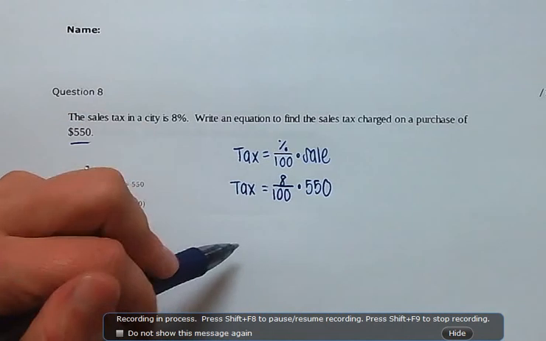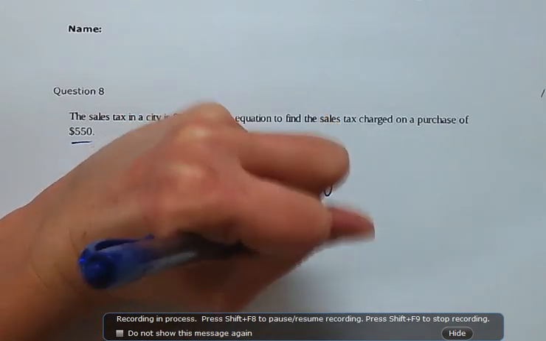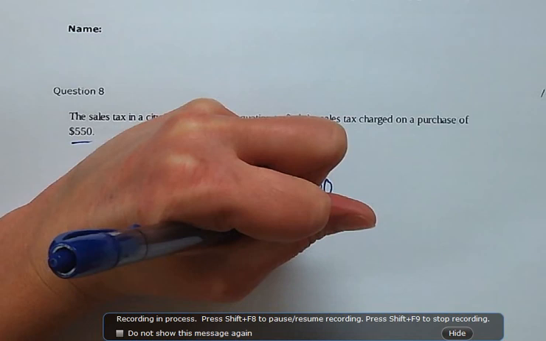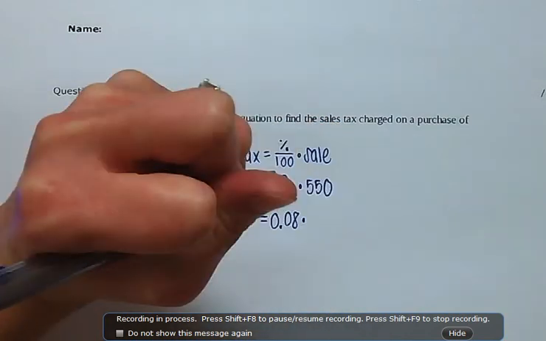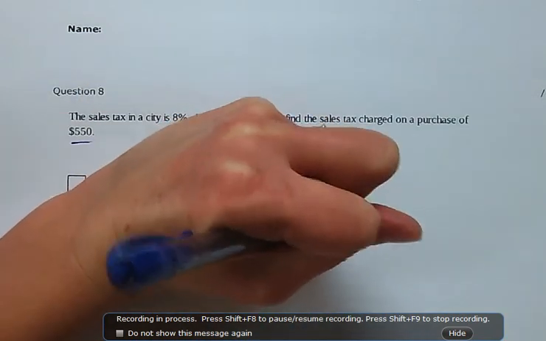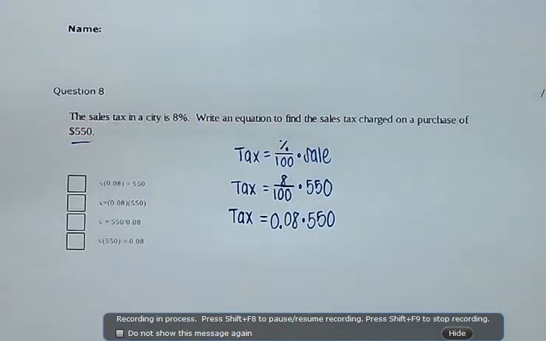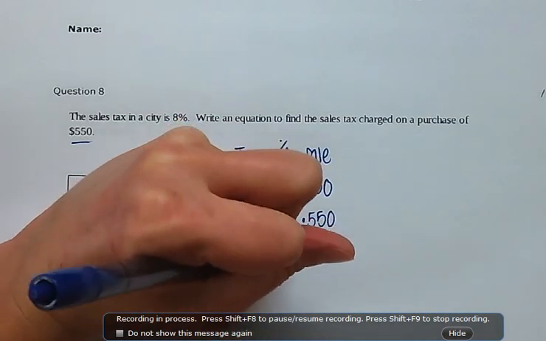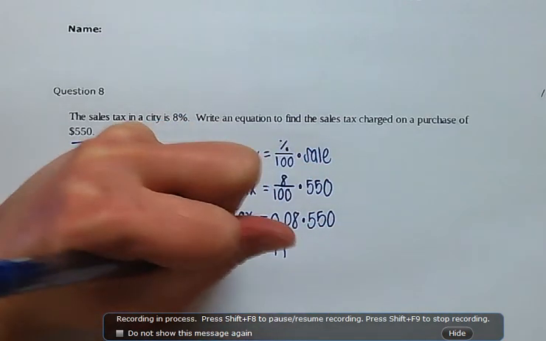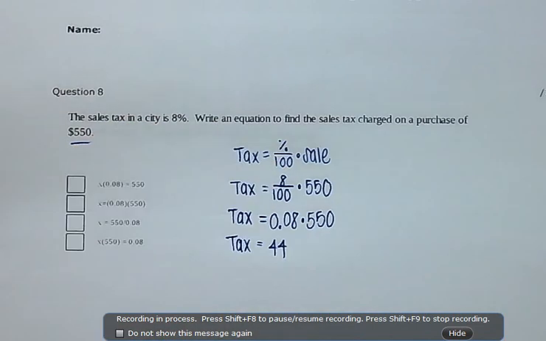I start off with my percent. So I take 8 divided by 100, and I get 0.08. So 0.08 times 550. Next, now that I've got my percent as a decimal, I'm ready to multiply. 0.08 times 550 gives me 44, which means that I paid a total of $44 in tax.